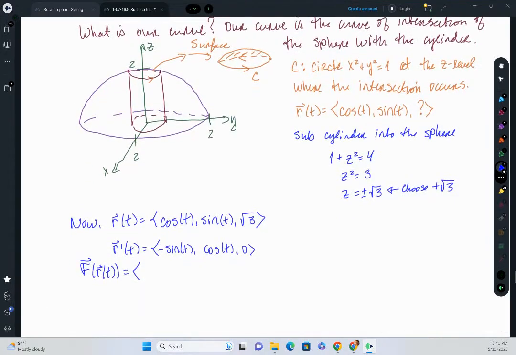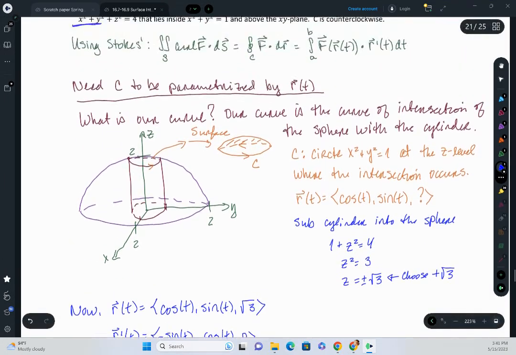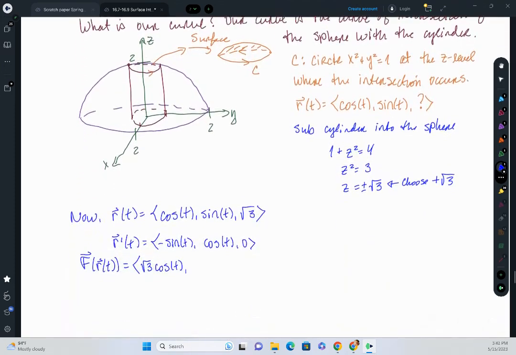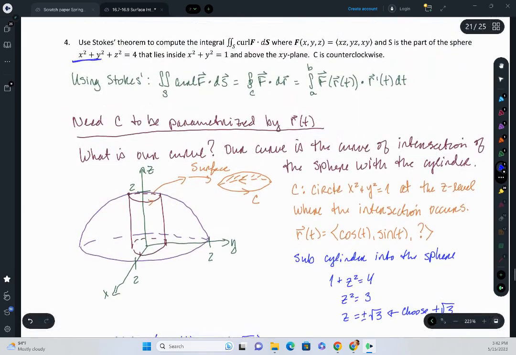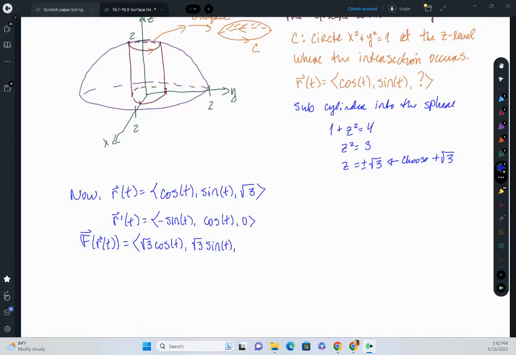xz, so that will be square root 3 cosine of t. I'm just pulling the components from r of t. The second component of F is yz, so I'll have yz is the square root of 3 sine of t. And then the third component of F is xy, so that's going to be cosine of t sine of t.